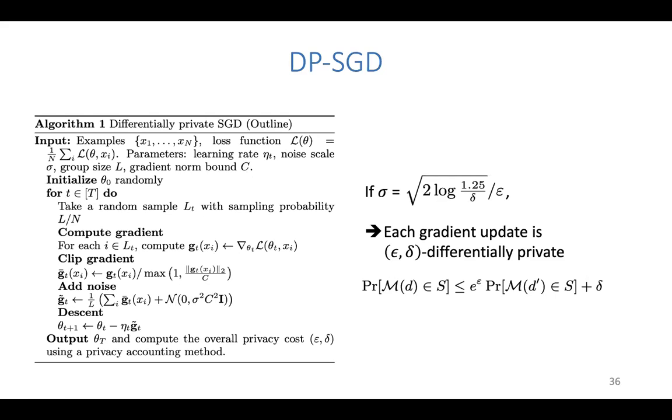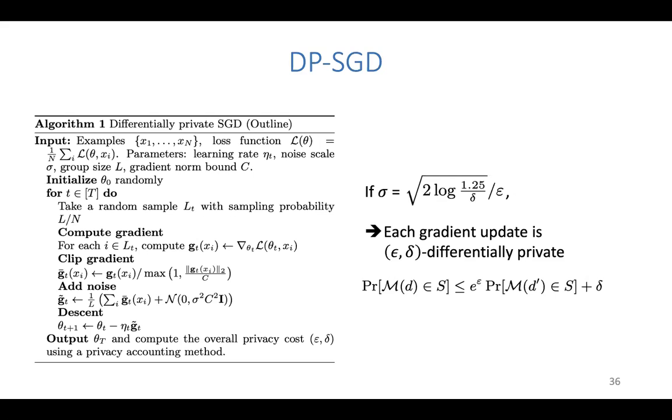So in this algorithm, if sigma here is set as this value here, epsilon is the privacy budget, and delta is something that comes from epsilon-delta differential privacy. So far we only talked about epsilon differential privacy, but there's an extended notion called epsilon-delta differential privacy, which looks like this. Simply, there's just a delta chance of leaking privacy no matter what.